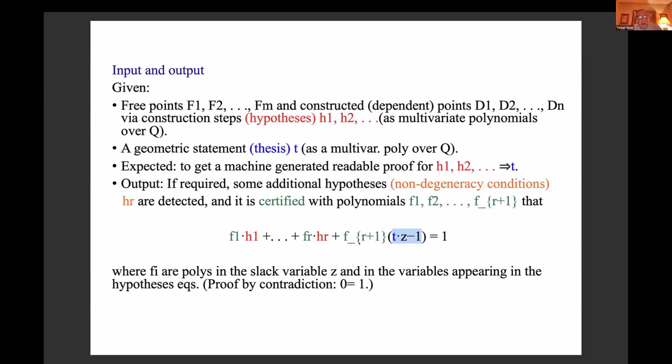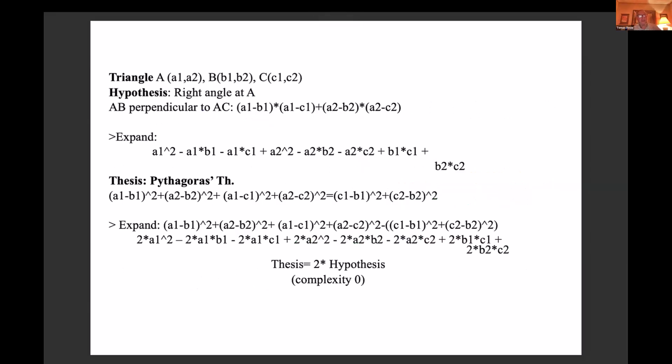So I want to see how complicated are the polynomials f1, ..., f(r+1), that in some sense are my proof, the certificate that this theorem is true. And so the maximum degree of these polynomials will be for me the rank, the score of this statement.